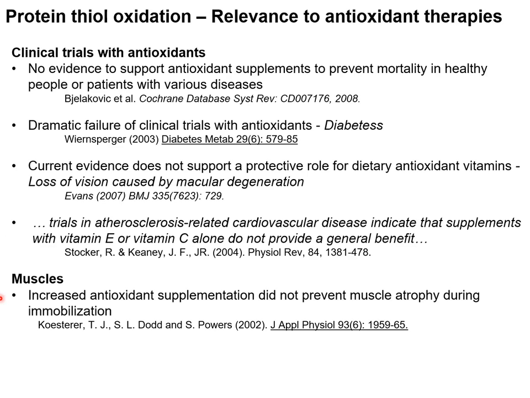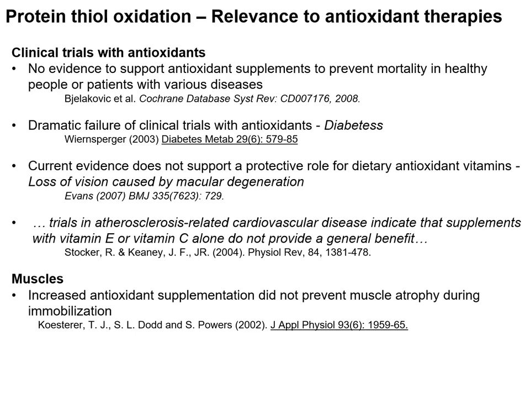In our area of research, so looking at muscles in particular, increased antioxidant supplementation did not prevent muscle atrophy during immobilization. So one of the questions you can then ask is, well, why have all these clinical trials failed? Is there something that we don't understand? And I would argue, yes, there is something that we don't understand.